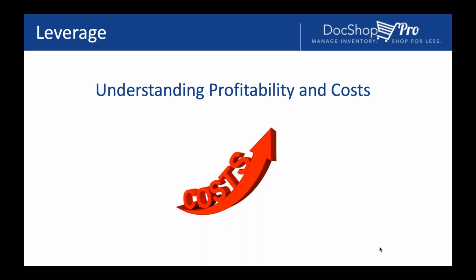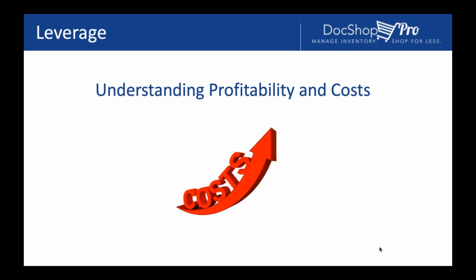But when you save a dollar in expenses, you literally drop that dollar right to your bottom line. Dollar for dollar goes right to your profitability. So that's why we say that you have twice the leverage of improving your profitability by focusing on cost as opposed to revenue.